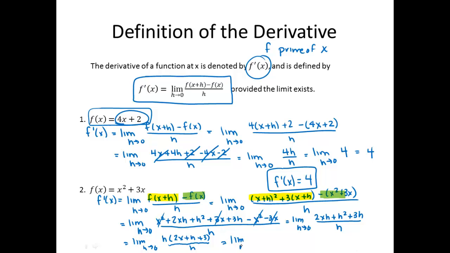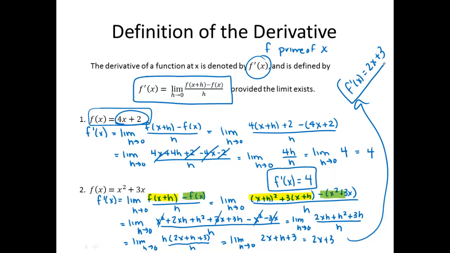The limit as h goes to 0 of 2x plus h plus 3. Now direct substitution works. When I use direct substitution, I get 2x plus 3. My final answer, I ran out of room, is f prime of x equals 2x plus 3.